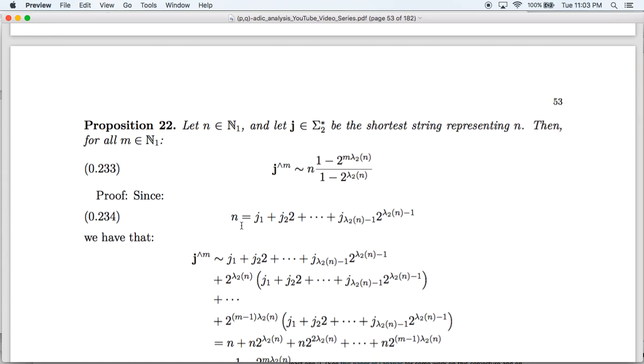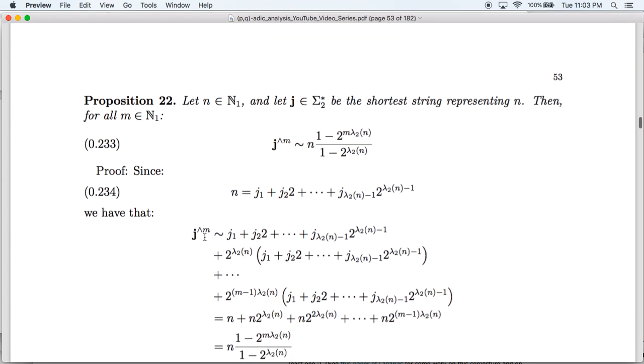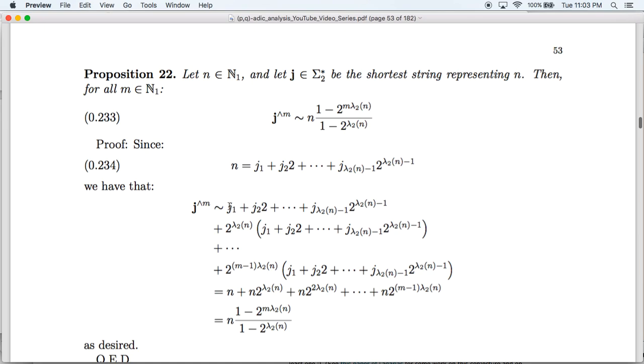The proof: since n is a positive integer, we can write it like this, where these entries here are, of course, the entries of the string bold J. And so just by writing out, concatenating this m times, we write that out as a q-adic Hensel series.